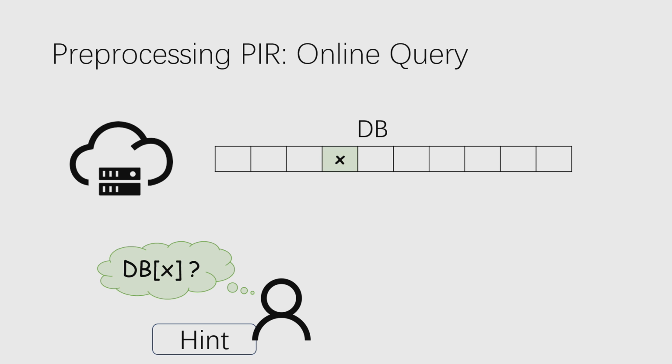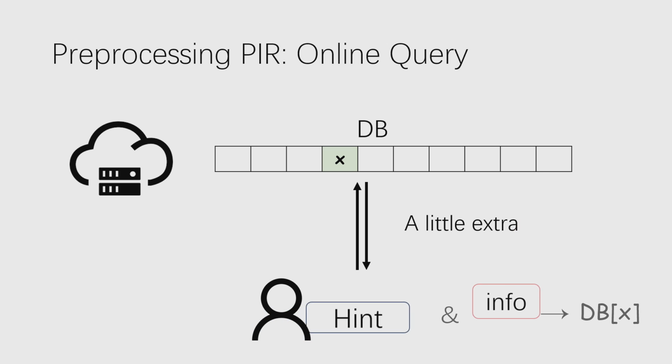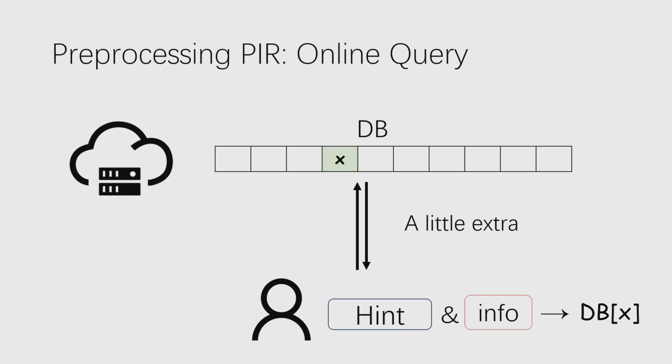So in fact, the client only needs a little bit of extra information to recover X. So usually we ask the client to query a little extra information from the server, such that when we combine the hint and this information, it's enough to recover X. We usually carefully design how we store the information in the hint and how we ask for the extra information so that we can make the whole process private and efficient.